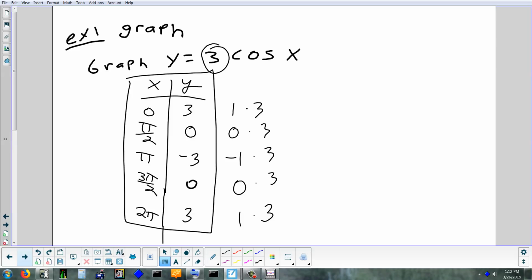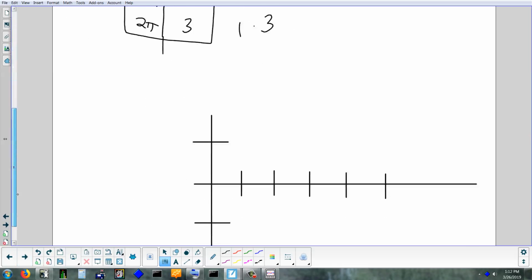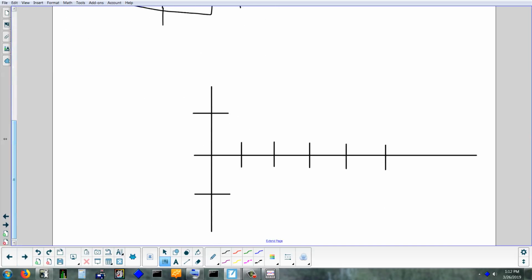So 5, just like yesterday, 5 points for the x's, 5 points for the y's. Okay, now let's make our graph. Labeling the x-axis today, very easy. Pi over 2, pi, 3 pi over 2, 2 pi for every single problem. It's never going to change.